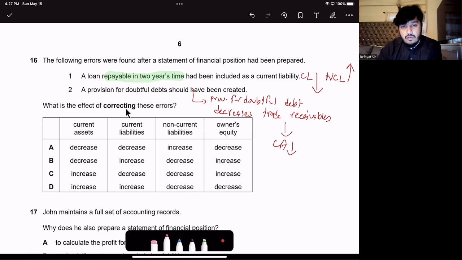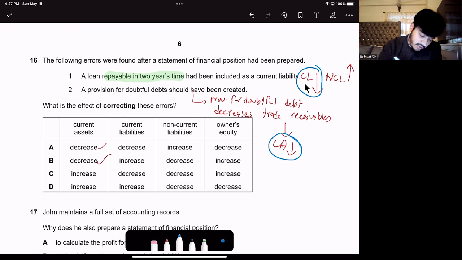So due to correction of this error, our current asset is decreasing. Current liabilities is also decreasing. C and D won't be the answer for sure. Non-current liability is increasing. And then owner's equity. Owner's equity is equal to capital.